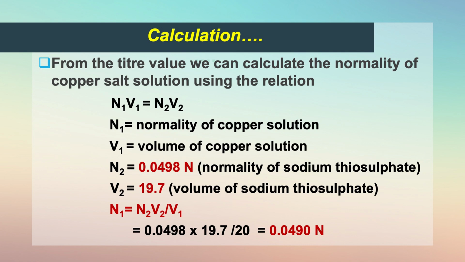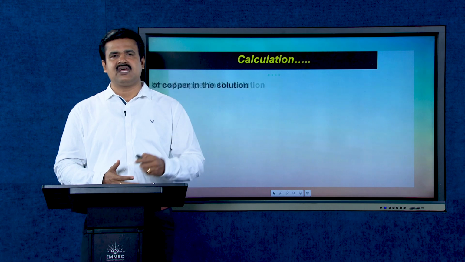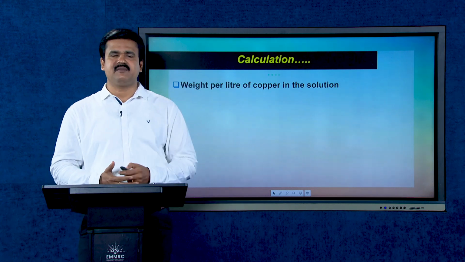V2 is equal to 19.7, the concordant value during the last titration, and N1 is calculated as N2V2 divided by V1, which is 0.0498 × 19.7 divided by 20, and the final value, that is the normality of the copper solution, is 0.0490 normal.